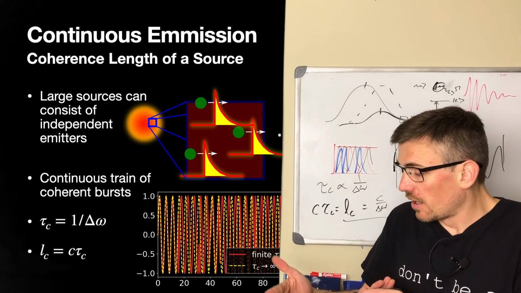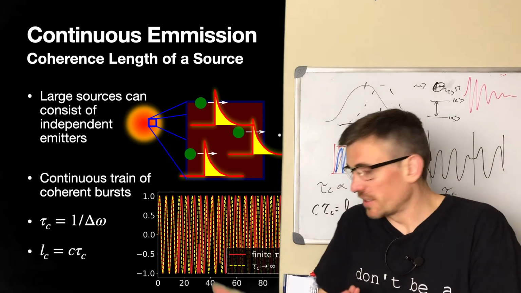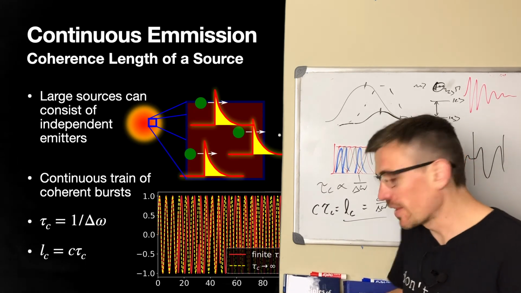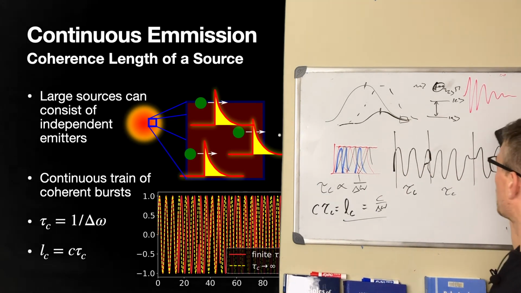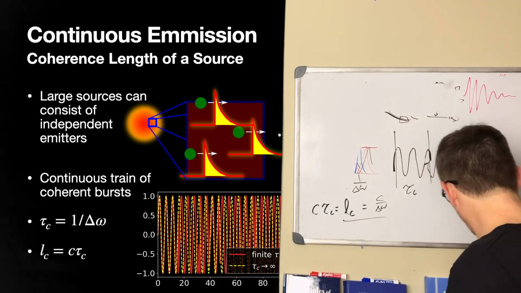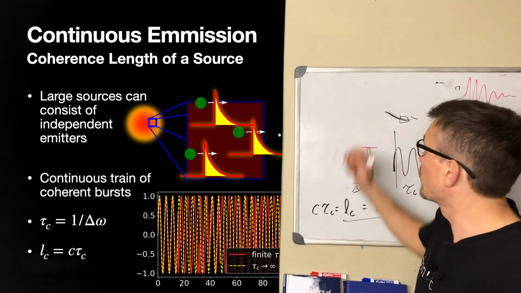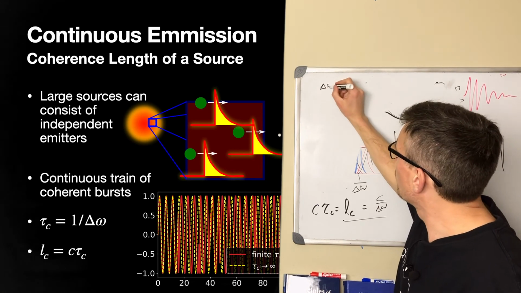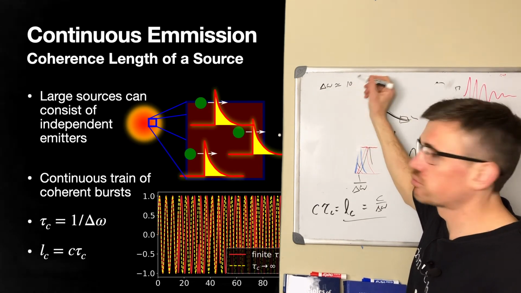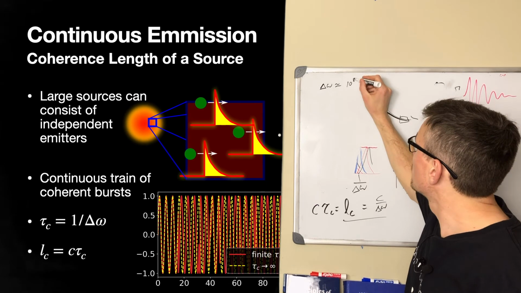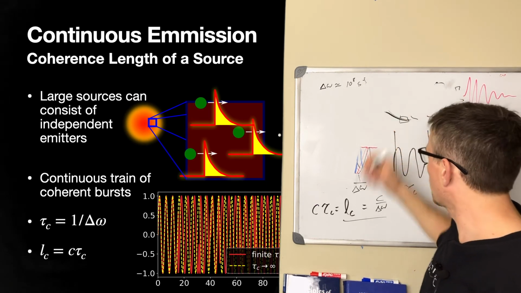Now, we can actually calculate how long it is. I haven't done the calculation, but I think last lecture we mentioned that the bandwidth is likely 100 megahertz or something like that. So for a laser, even a pretty cruddy laser, delta omega is on the order of 10 to the 8 per second.